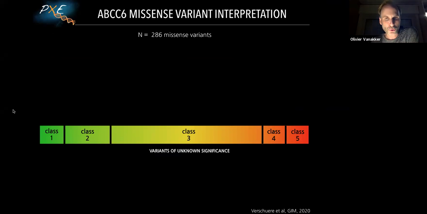Classes 4 and 5 are disease causing for sure. And then you have class 3, which is the middle, and those are variants of unknown significance. That's the worst thing that you can have as information as a patient. We find something, so it's not completely normal, but we're not really sure whether it is actually disease causing. It can be disease causing, or it can be completely neutral, and we don't really know very well.